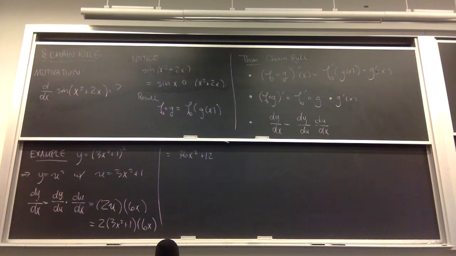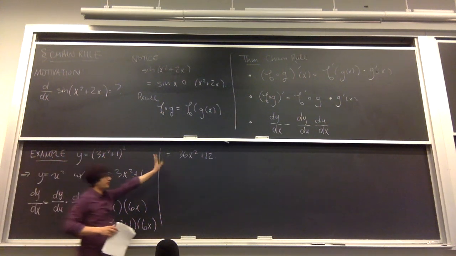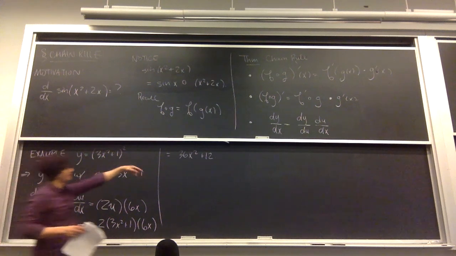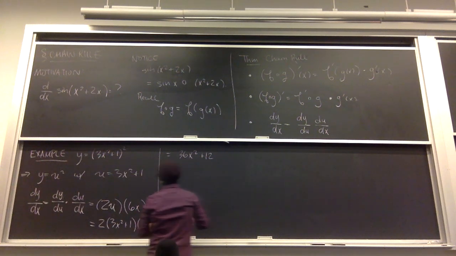Right, so that's the first way, right? So the derivative of y with respect to x is equal to 36x squared plus 12. This is not the way that I'm going to do it from now on. I'm going to use the second way, so let's do it again.